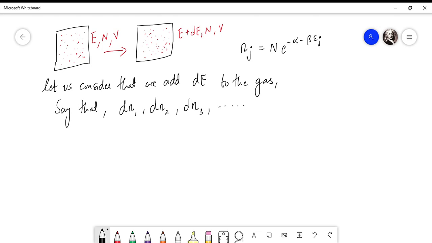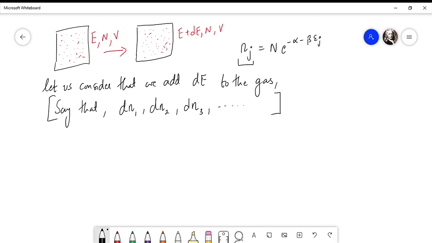So what this is saying is, if you add energy, the number of particles in a certain state will change. But you should also remember that we're talking about the system which is in equilibrium again. It has already settled down and it's in the equilibrium state, and so this is already considered now.